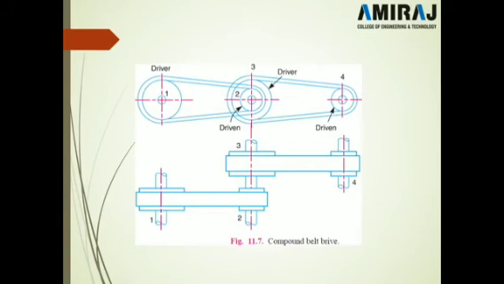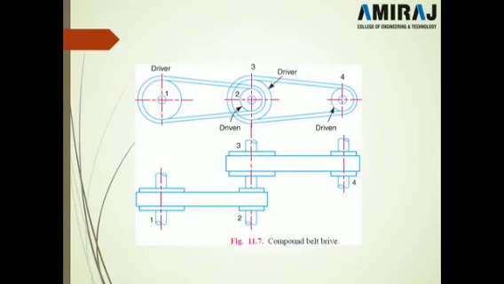Or you can say the compound belt drive is the innovation of the belt drive in which more power can be transmitted efficiently at low force or low input, right?